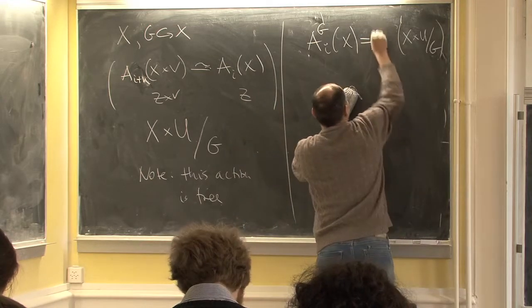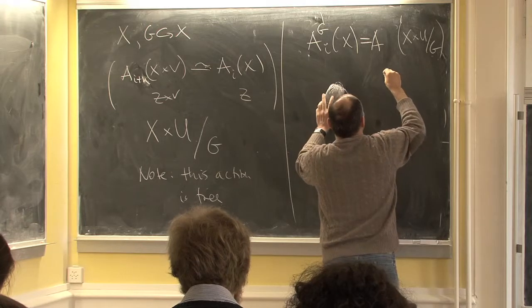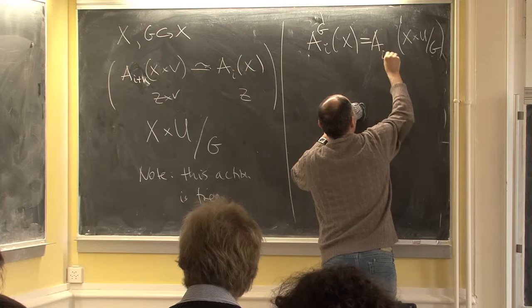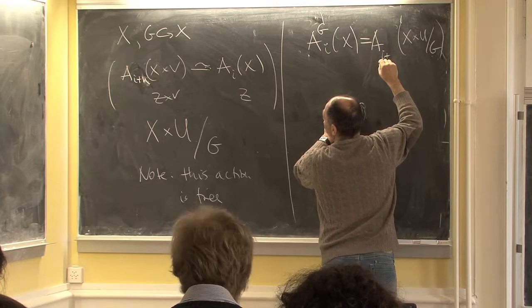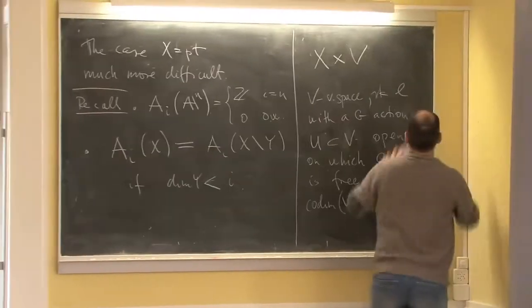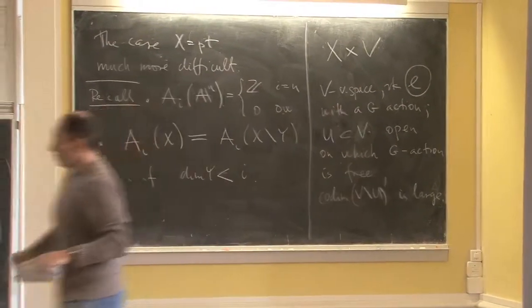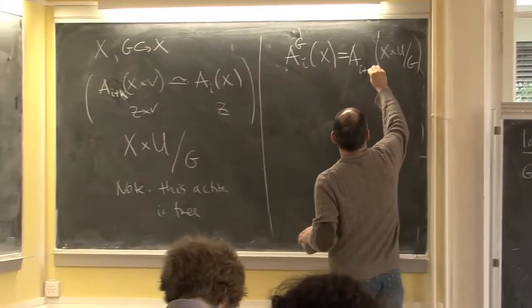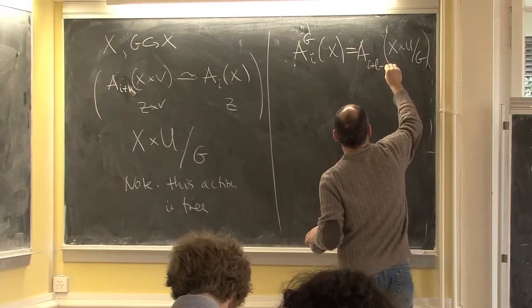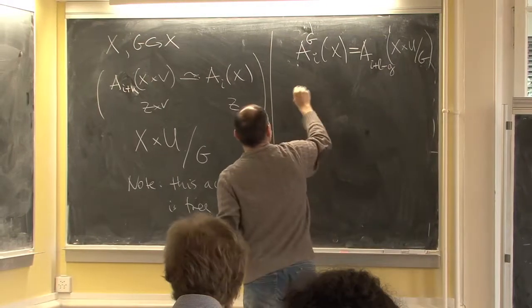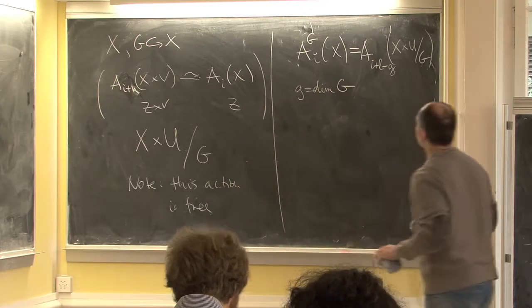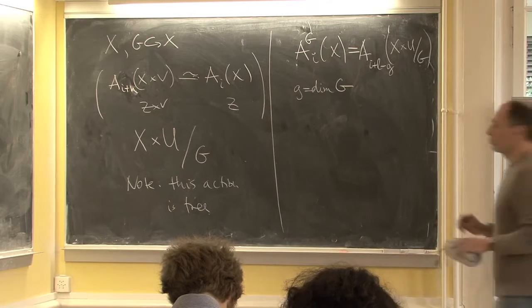The correction is the following: because of this push-up, the rank of V was L, so the things get pushed up by L, and then you subtract the dimension of the group. G is the dimension of the group. Okay, so that's the main definition.